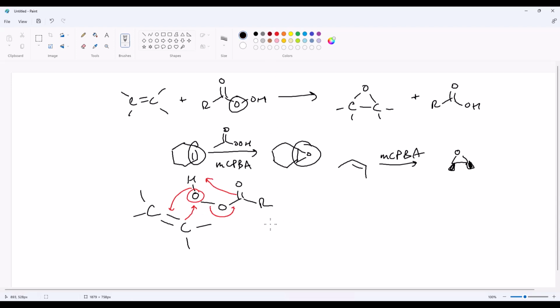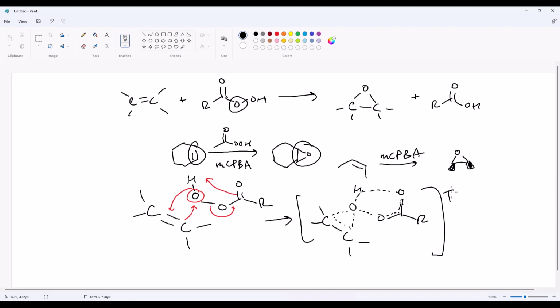If we're drawing the transition state here, we have a partial, our double bond is going away. We have a partial bond to an oxygen. The hydrogen is being transferred. This O bond is breaking. This double bond is forming. This double bond is breaking. We have a partial bond here and R. This would be our transition state.